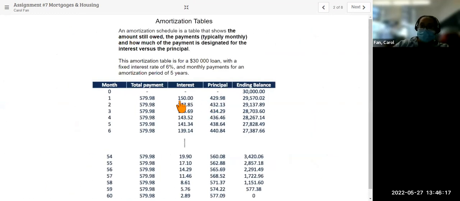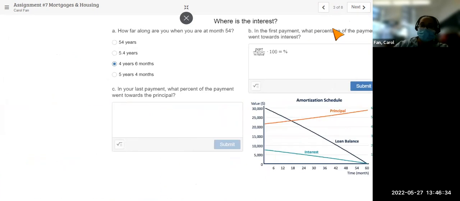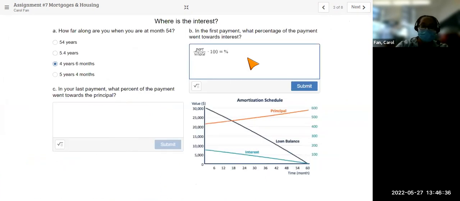The interest that we paid was $150. The total payment is the same every single month, $579.98. So let's divide that to figure out our percent.